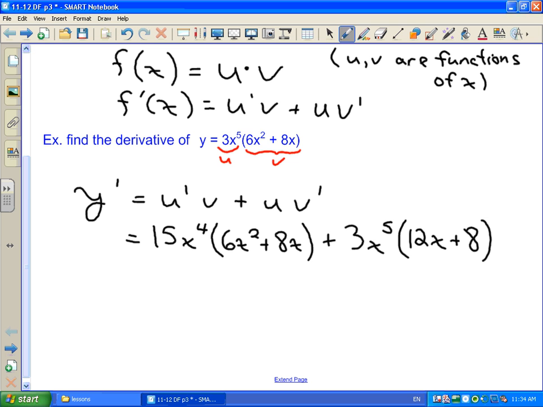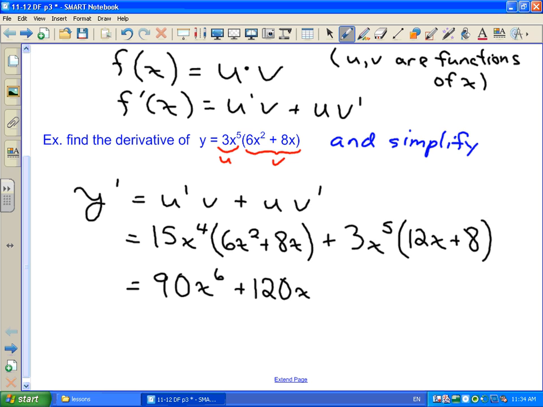And from here, even though it doesn't say so in the question, we should simplify this. So I'll just write that in: find the derivative and simplify. How do we want to simplify this? We've got a number of brackets here that we need to expand. So we're going to do 15x to the power of 4 multiplied by everything in that first bracket, which is going to get us 90x to the power of 6 plus 120x to the power of 5.